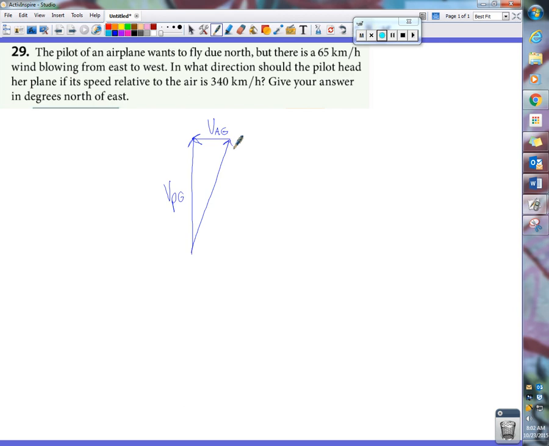So all they want to know is the direction of this vector, and that would be the speed of the plane relative to the air. Now we have what this value actually is. There's 65. So this is equal to 65 kilometers per hour. Since everything is kilometers per hour, we can keep it in that.